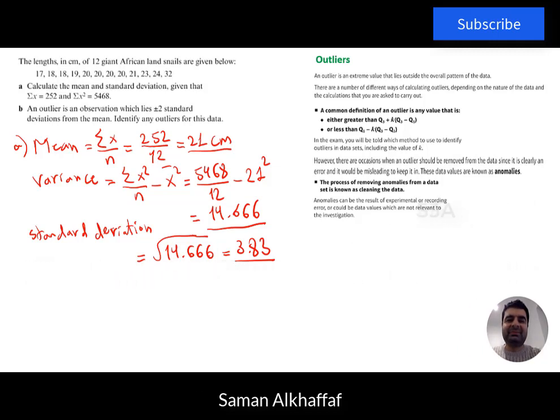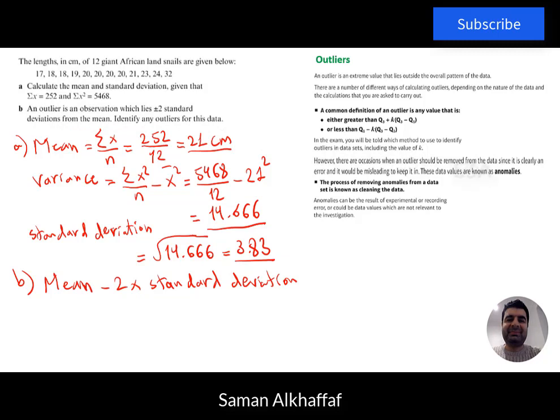Now for part B, we are asked to find outliers, where an outlier is an observation which lies plus or minus 2 standard deviations from the mean. Identify any outliers from this data. So we have the mean taken away 2 multiplied by the standard deviation.